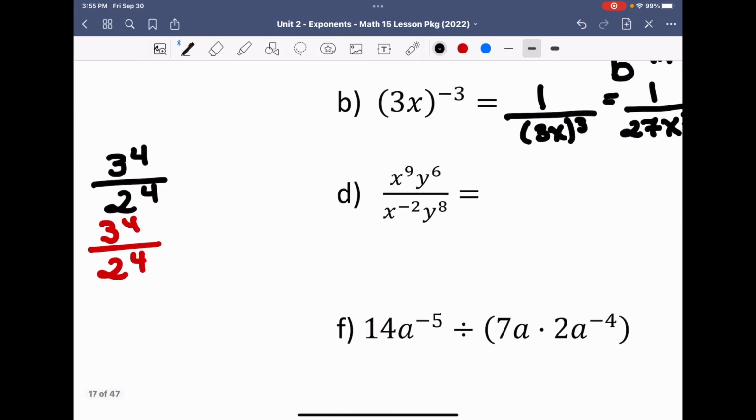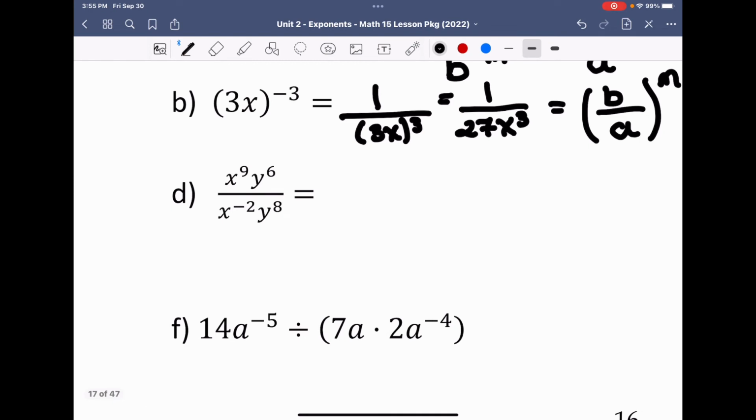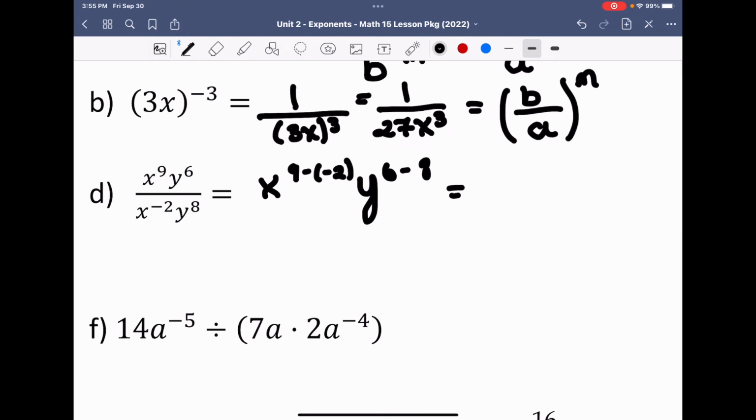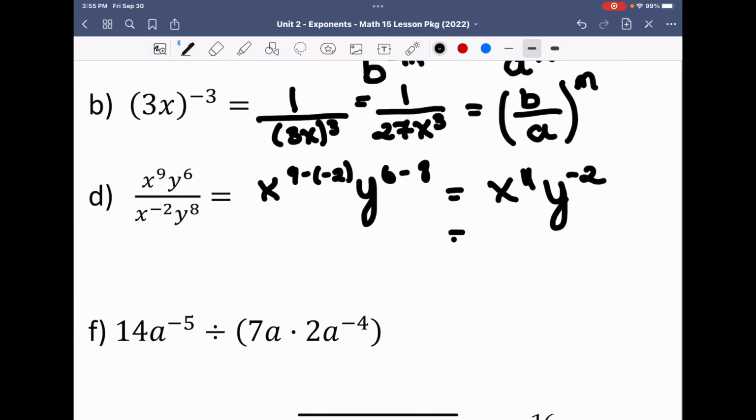All right, I'm going over to D here. So we have a quotient scenario, and yet again, this can be solved two ways. I have x to the 9 over x to the negative 2. I could solve it like this. By quotient rule, I subtract 9 minus that negative 2, and I have y to the 6 minus the 8. This means I have x to the 9 plus 2, which is x to the 11th power, times y to the negative 2, which means then I would relocate the negative 2 to the denominator and make it positive.